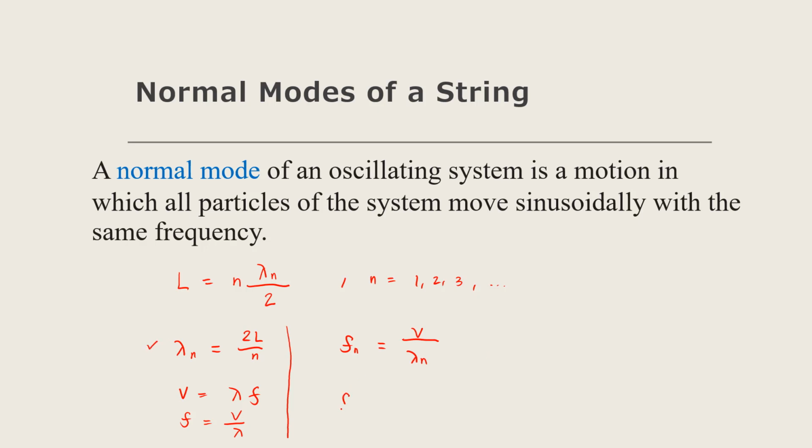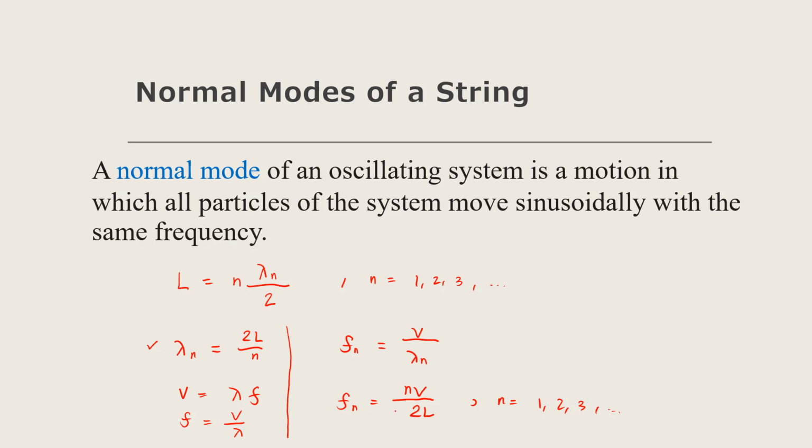Therefore, f sub n is equal to v times n divided by 2L, where n is equal to 1, 2, 3, and so on. So we have a series of frequencies. For example, f sub 1 equals v over 2L, f sub 2 is equal to v over L, f sub 3 is equal to 3v over 2L.